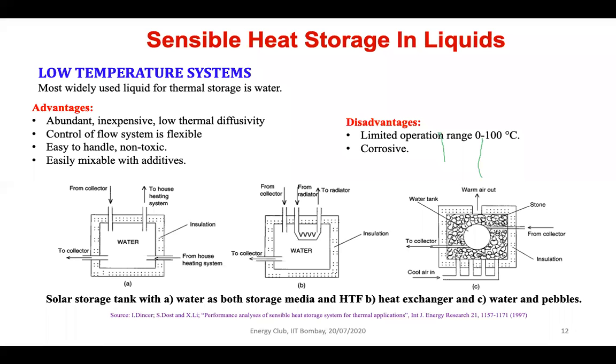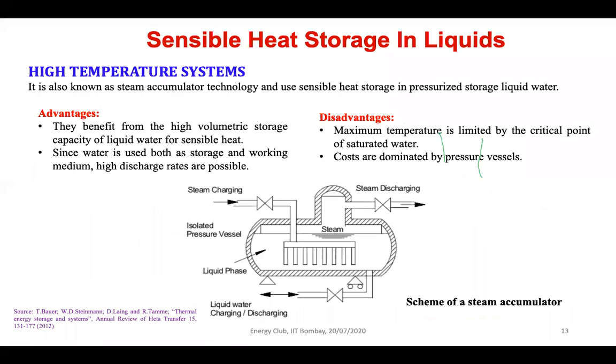So next thing is the high temperature system. In high temperature system, the advantage is that, which I was telling, steam accumulator as an example. So in steam accumulator, you can store liquid water as well as steam at high pressure, and when you need that steam, you can actually open the valve and discharge the steam.